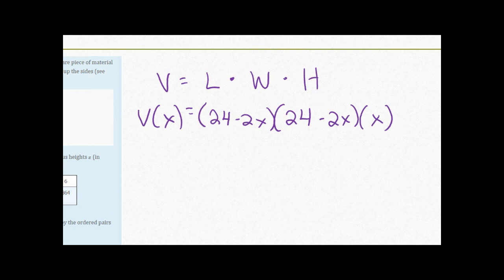You can start by asking yourself, do we have any division in our equation here? I don't see any division. Do we have any square roots? I don't see any square roots. Because we don't have any division or square roots, our domain here is going to be all real numbers.